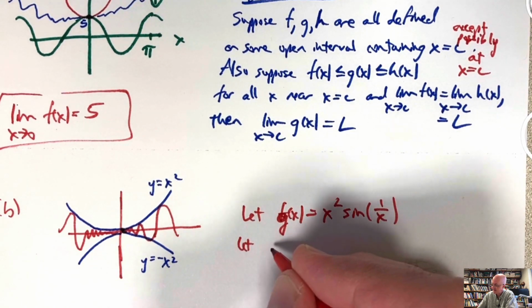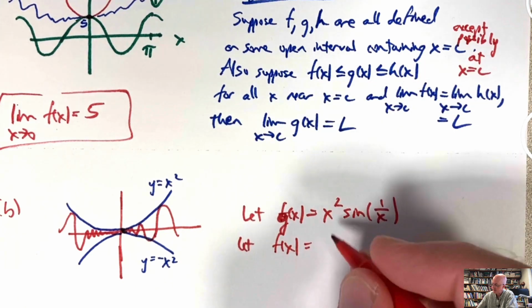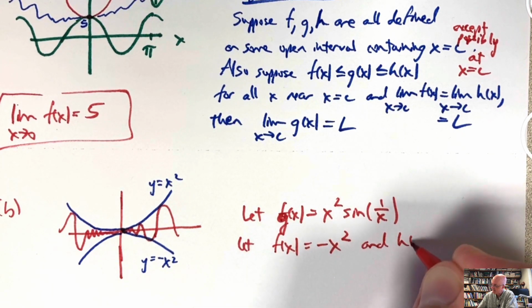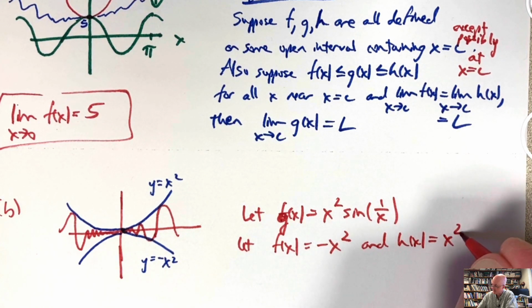So let's go ahead and write that down. Let f of x equal the one that g of x is greater than or equal to. That would be negative x squared. And h of x be the one that g of x is less than or equal to. That would be positive x squared.